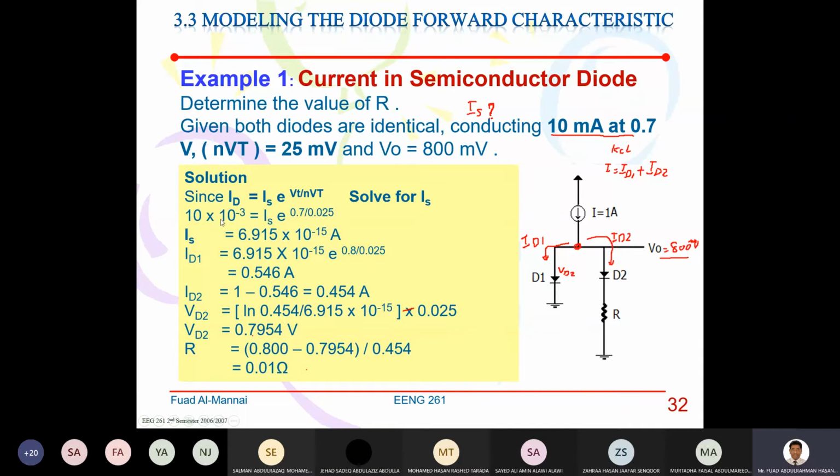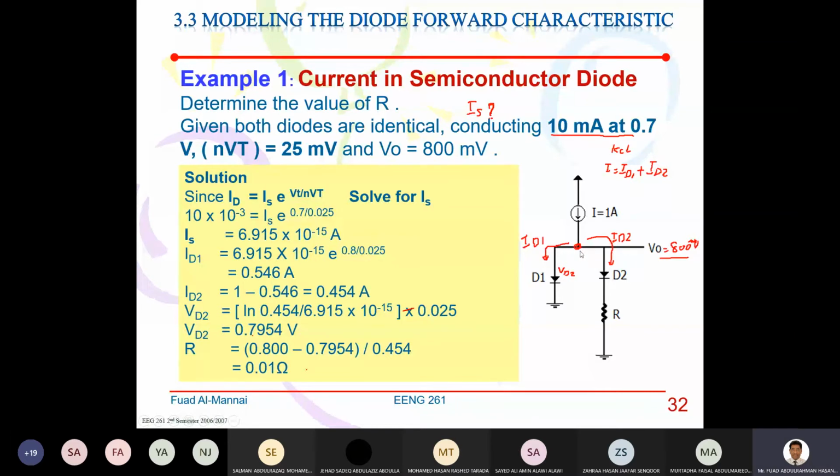Substitute for the value of 10 milliamp, 0.7, and 25 millivolt. Solve for IS, and IS is equal to 6.915 times 10 to the power minus 15 amp, or femtoamp.